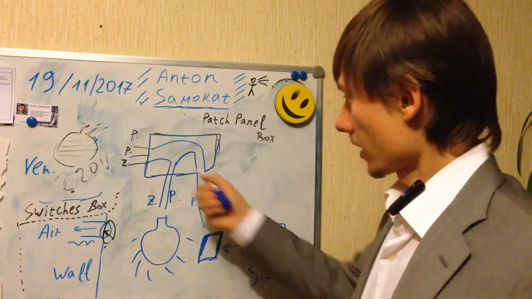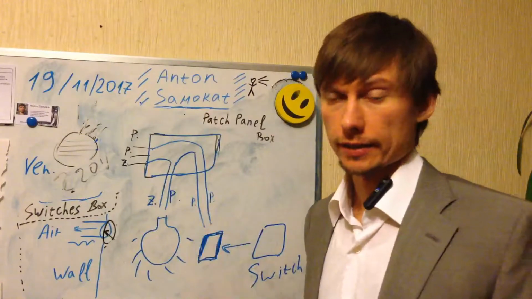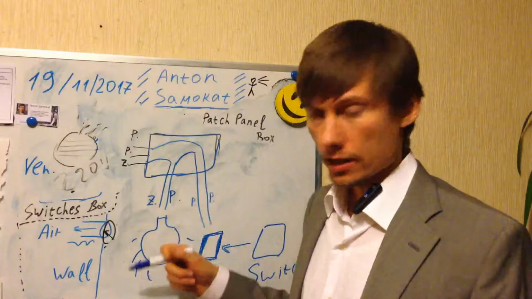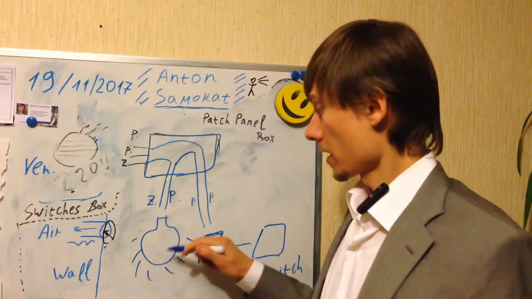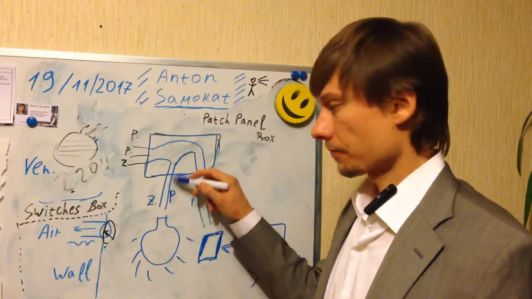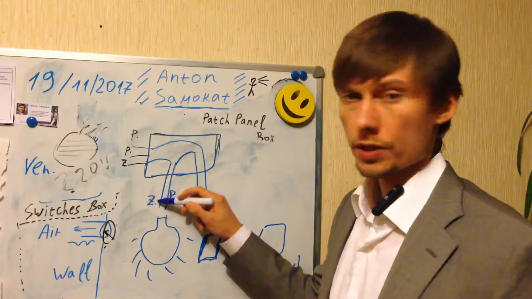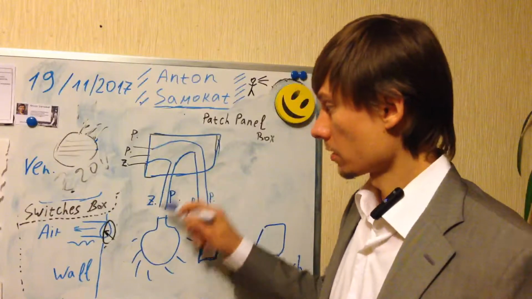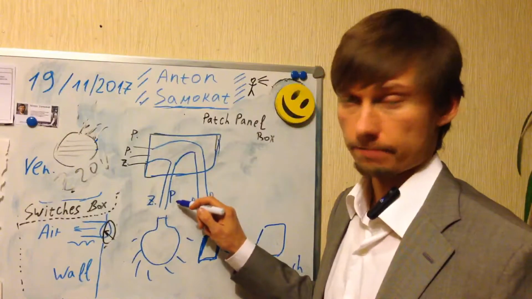And I prepared the scheme of how it can be connected. Here there is already a lamp with a light, which already has a cable connected to the light, with two wires in the cable, the zero and the phase.